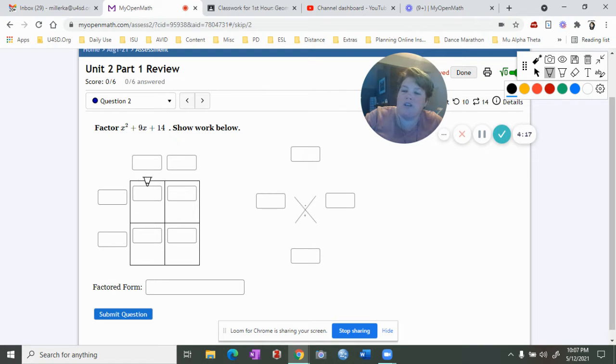And by original, remember my first term goes in the upper left inside my box. So that's my x squared. And then my last term goes in the bottom right corner. Those together give me the product of my diamond. So x squared times 14 is 14x squared.